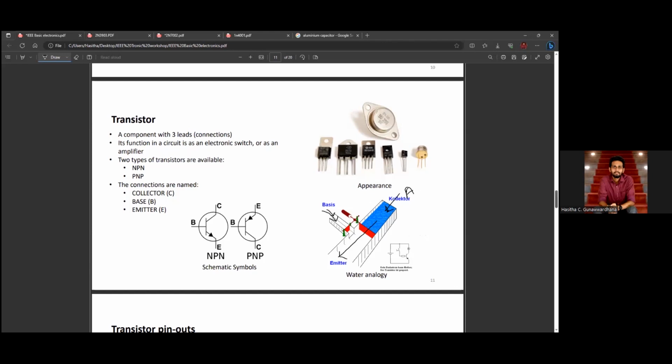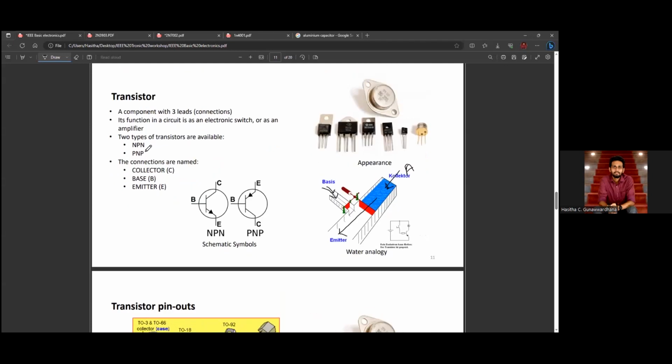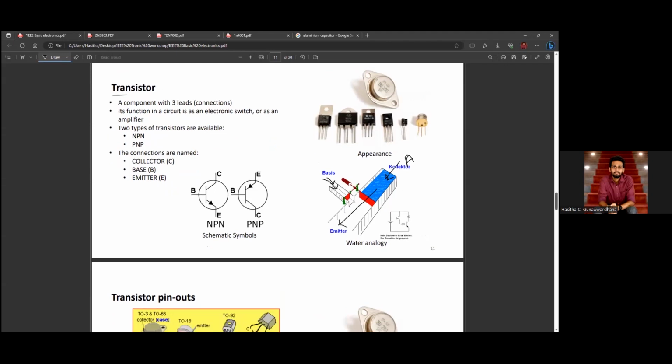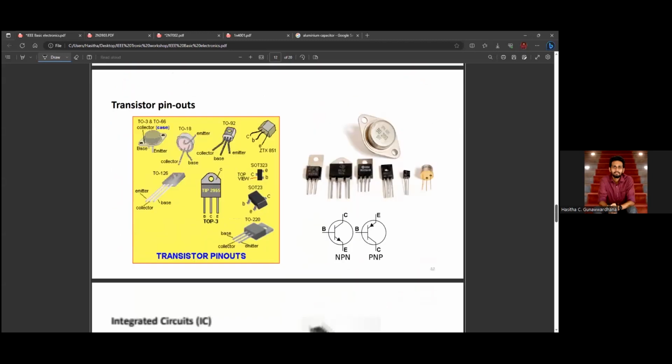One thing to additionally know is that a transistor can be used as an amplifier and as a switch. I will come to that later. Then there are many types and many form factors of the transistor.